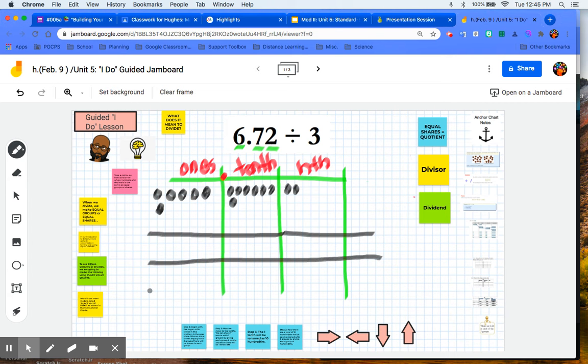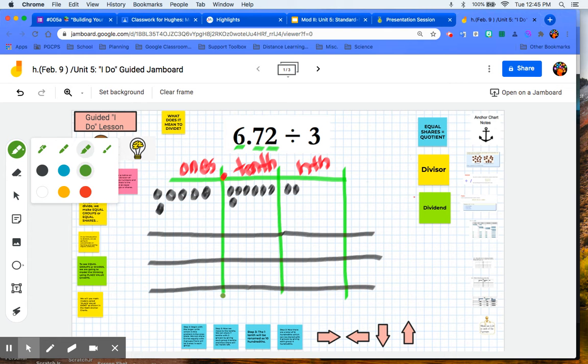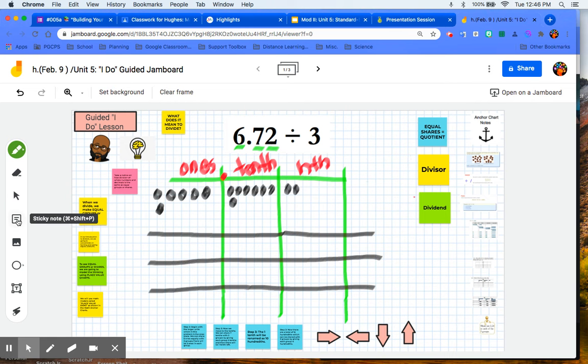And then finally, 3 groups. 1, 2, 3. Now I've made my place value chart to help me find equal shares. And I'm just going to label them. 1, 2, 3.